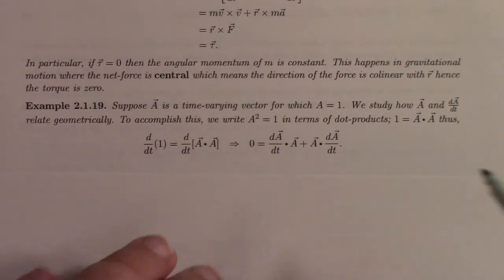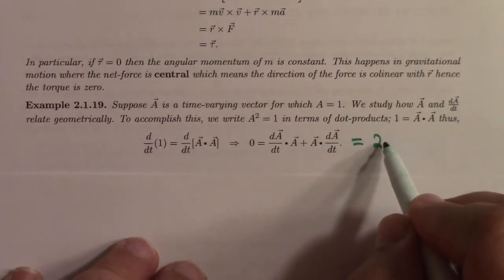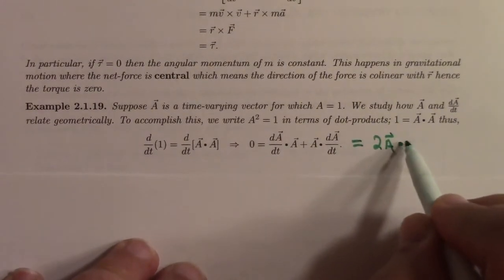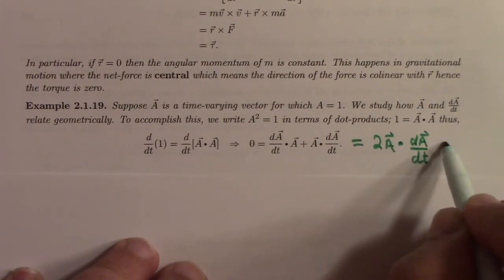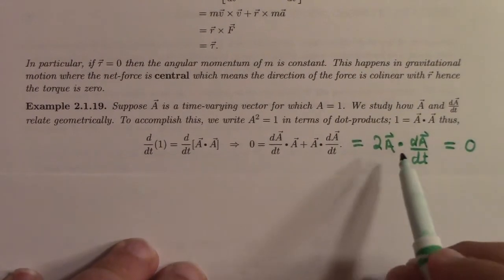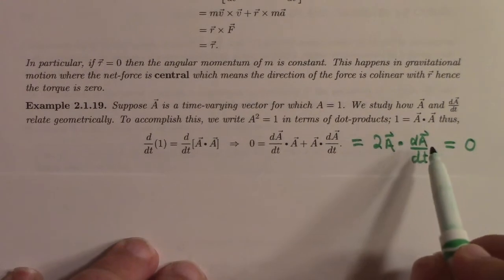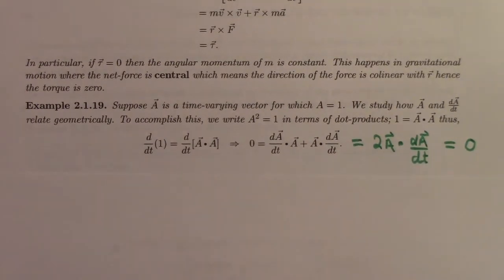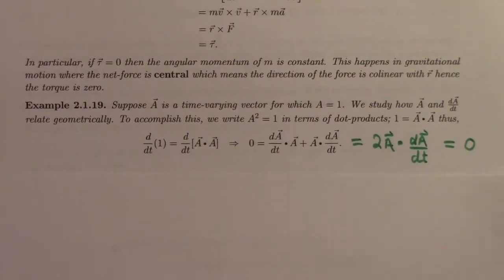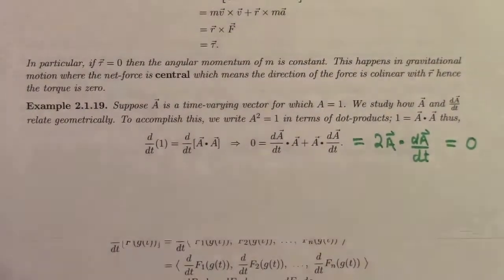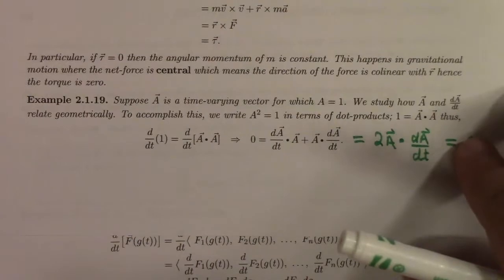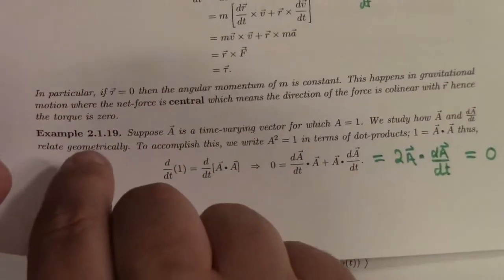These simplify; this is equal to 2a dot dA/dt, because you can group those together since dot products commute. So if that's equal to 0, that says that a and dA/dt are perpendicular. That's really important to our study of the geometry of curves. We'll see it in an upcoming lecture.